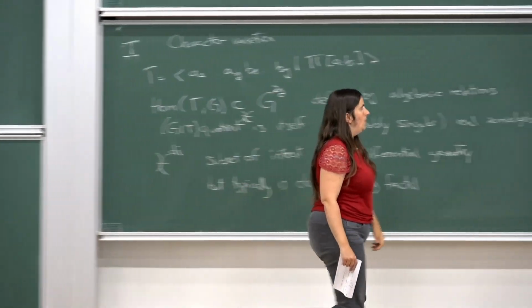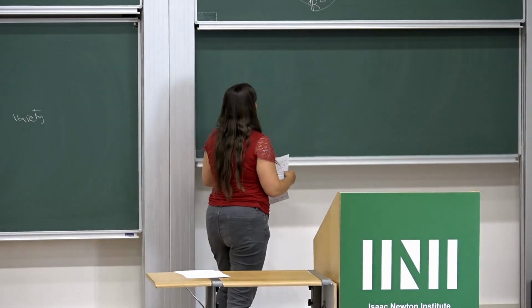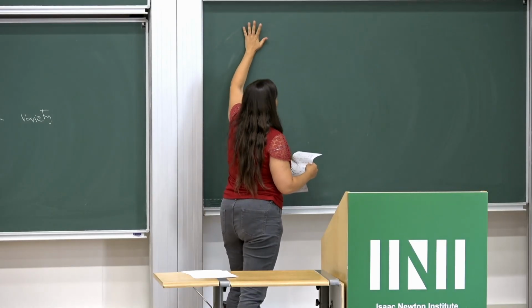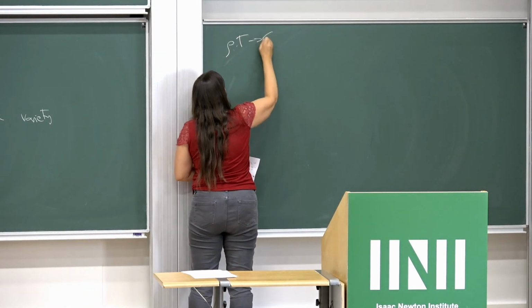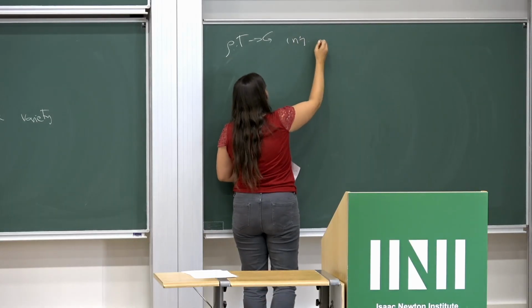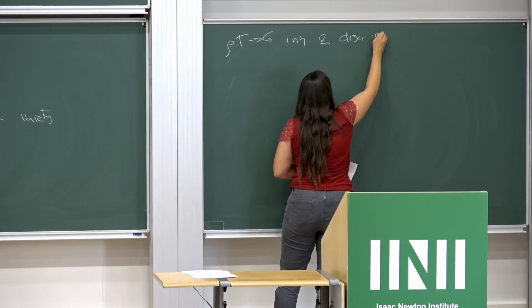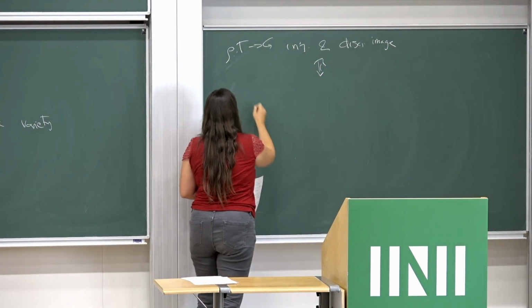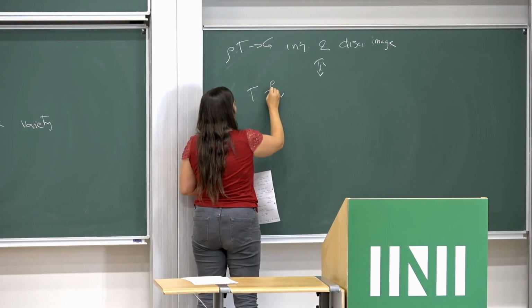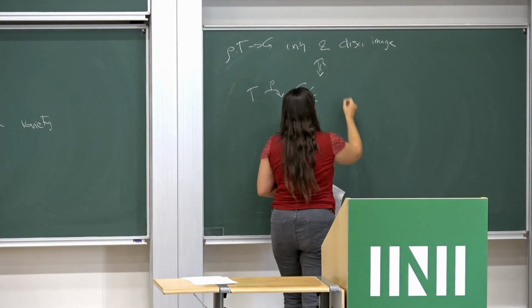So if rho from gamma to G is injective and has discrete image, then this is the same as saying that the action of gamma through rho on G mod K is faithful and properly discontinuous.